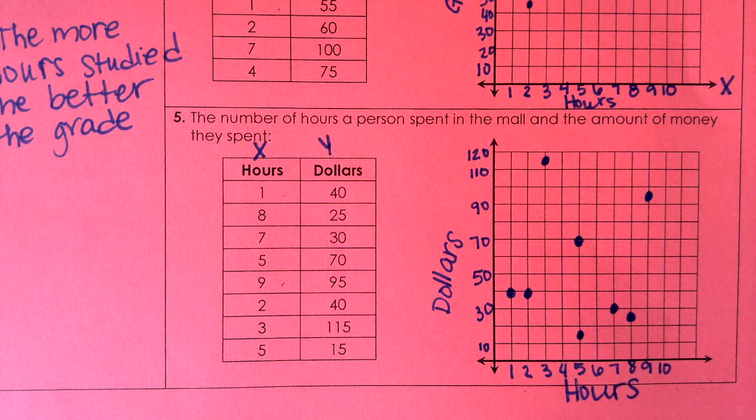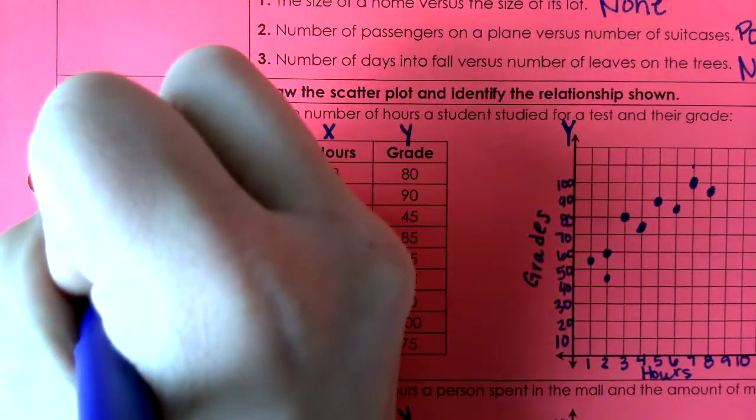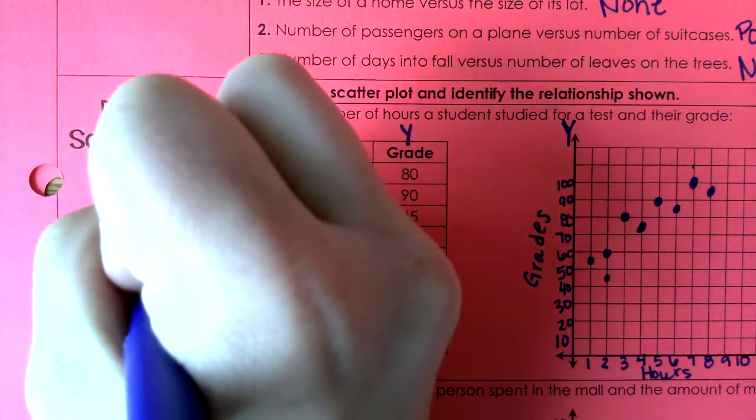Do you guys have any questions on the dots that we graphed? Okay, looking at this graph here, what kind of relationship does the number of hours I spend at the mall have to do with the amount of money I spend? No. None. There is no correlation. There is none.